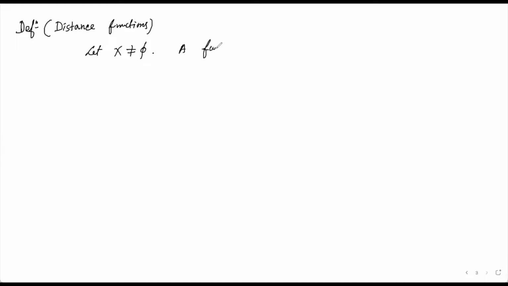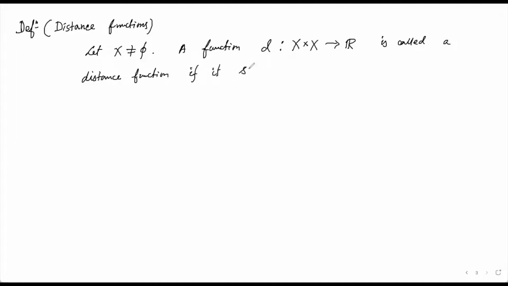A function d with domain X Cartesian product with itself to the set of all real numbers is called a distance function if it satisfies the following three axioms of distances.